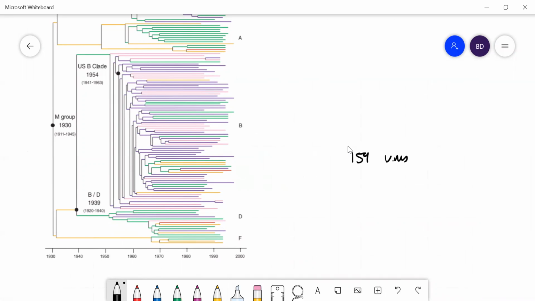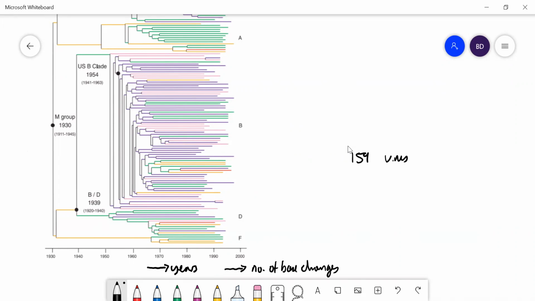This is calibrated in years along here, starting off at 1930 going up to the year 2000, but it could also be calibrated in base changes, since it's proportional to the number of base changes. So the longer the line, the more base changes that have occurred.